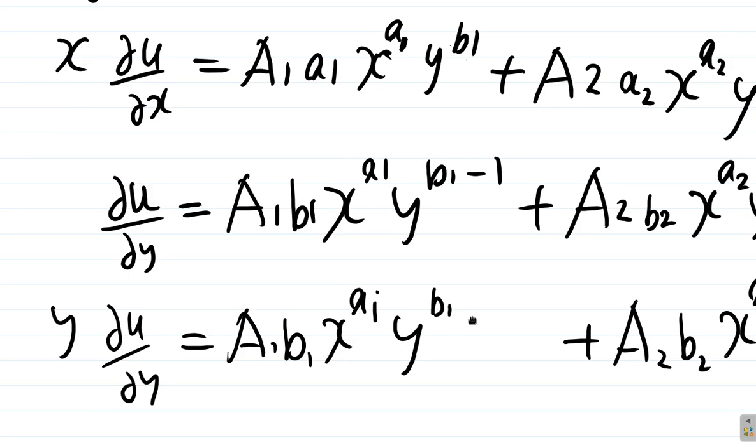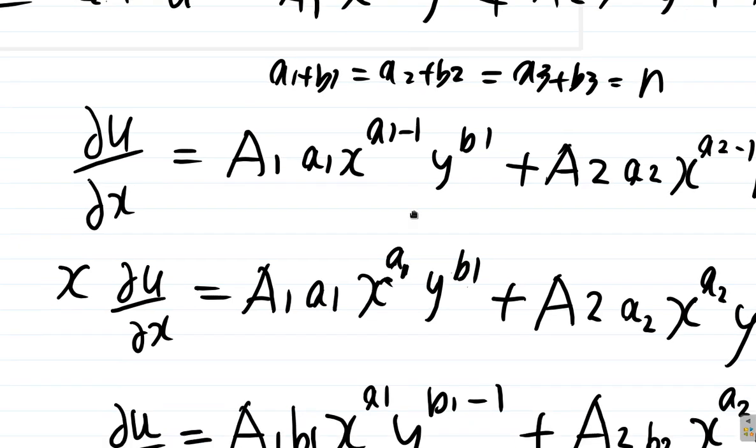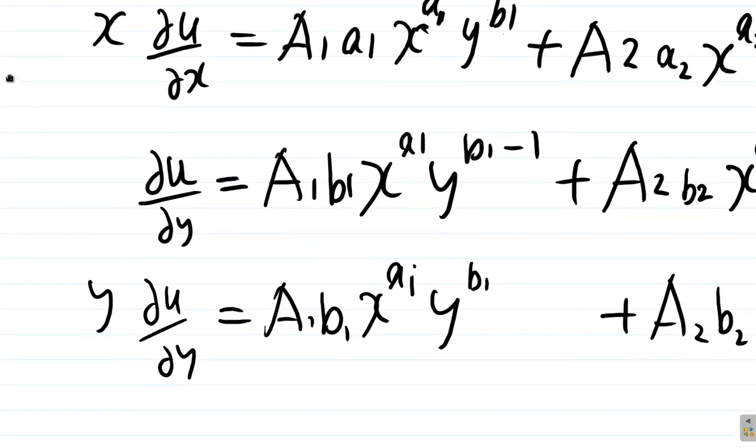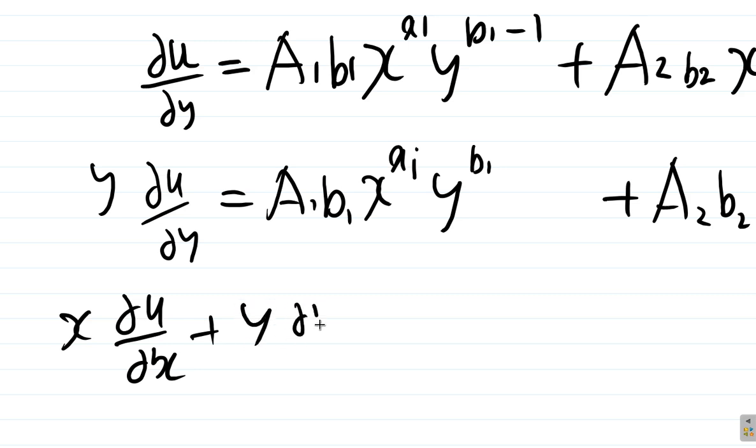Now, suppose you add these two things together. Remember what we had is x delta u by delta x plus y delta u by delta y. So we're going to say we have x delta u by delta x plus y delta u by delta y.